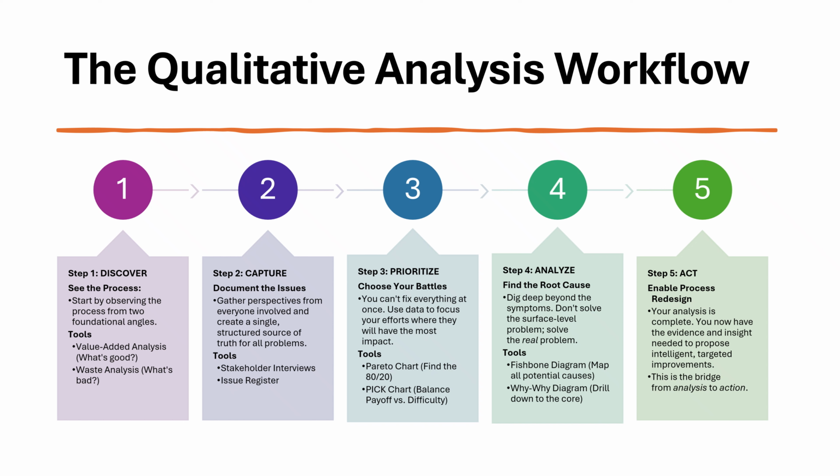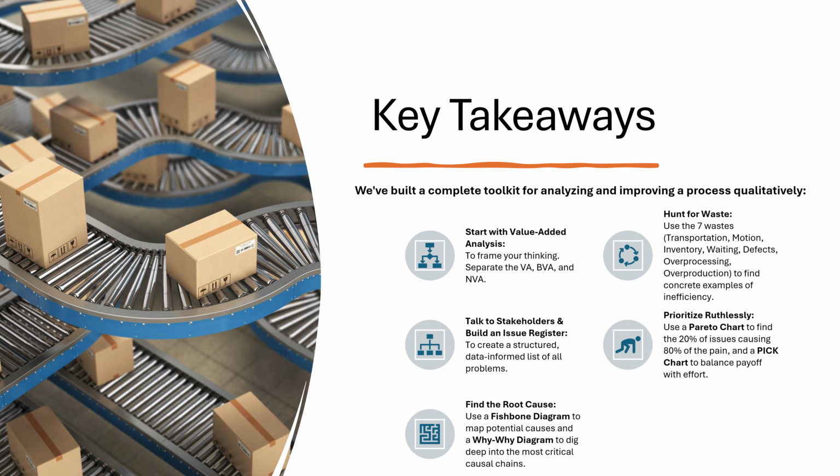Lastly, step 5, act. The entire process is gathered here. You now have the evidence and the root cause identified, giving you maximum confidence to enable effective process redesign. You solve the real problem and not just the symptoms. In summary, qualitative process analysis is essential for diagnosing the health of any business process.